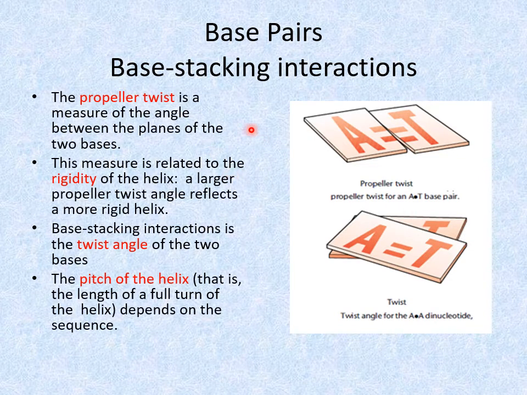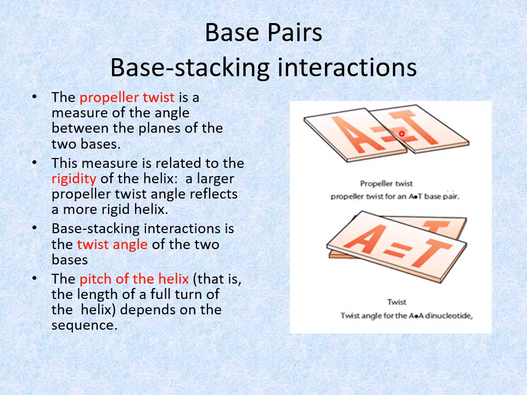Now one more thing regarding the nitrogen bases is the propeller twist. Propeller twist means the angle with which the two nitrogen bases which form the hydrogen bonds, connected by means of these hydrogen bonds, are not in the same plane.